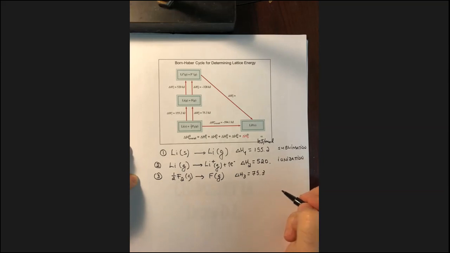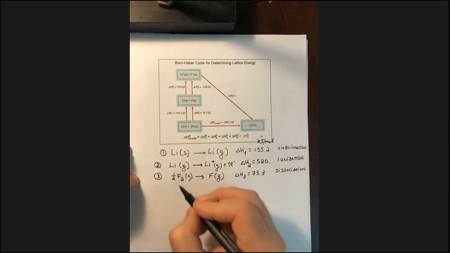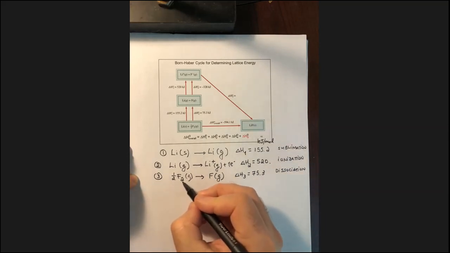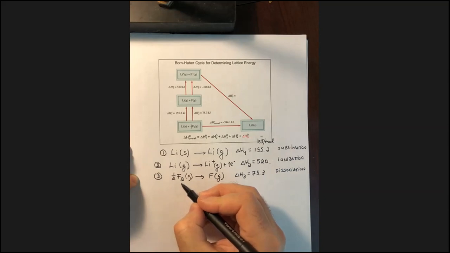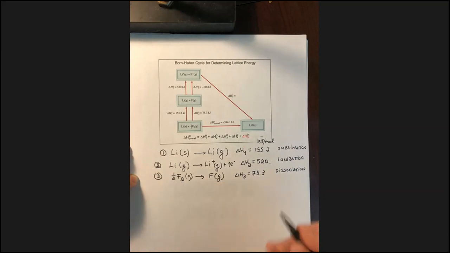There are different ways you can call them. Sometimes they call it dissociation, but technically what you're breaking up is a fluorine-fluorine bond, so you could call this the bond enthalpy.